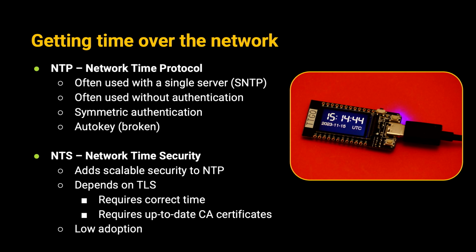The problem with NTP is that it's often used with only a single server and often used without authentication. And the problem with using NTP with just a single server, known as simple NTP, is that we have no way of telling if that server goes bad. So if that server's time starts drifting, and that can happen if the server loses its connection to its time source, so maybe a GNSS receiver or an atomic clock.